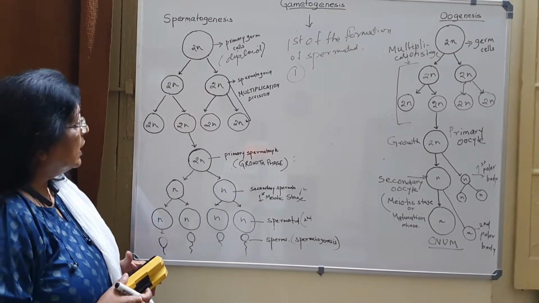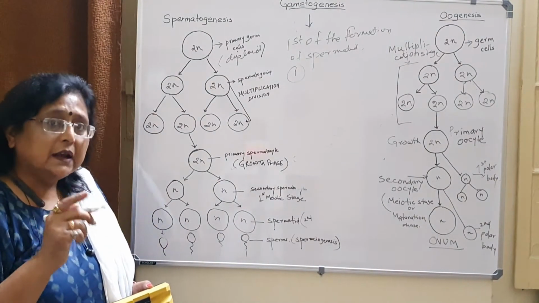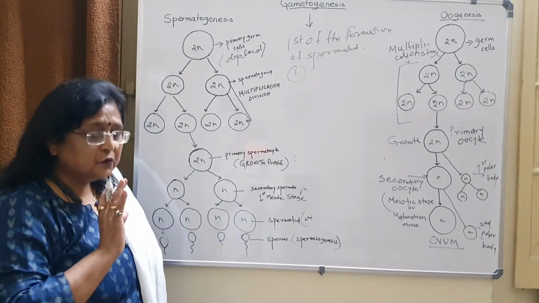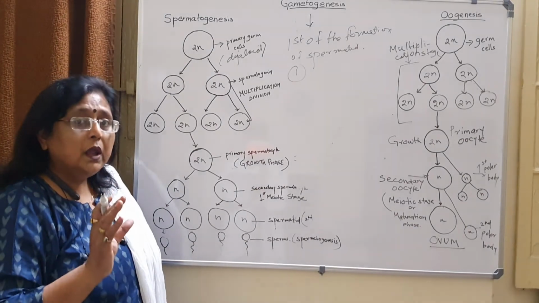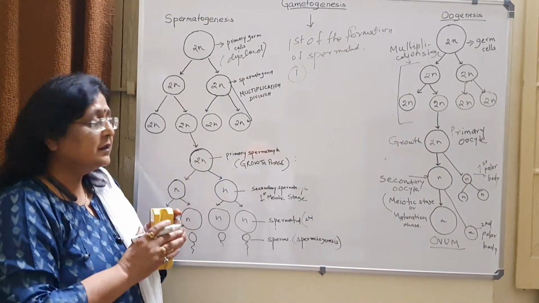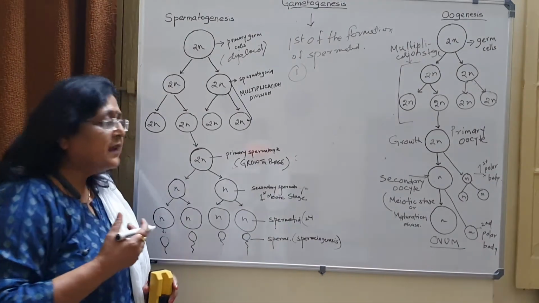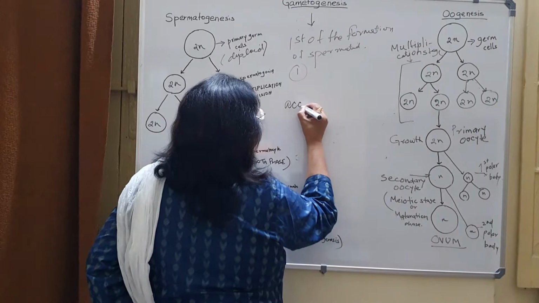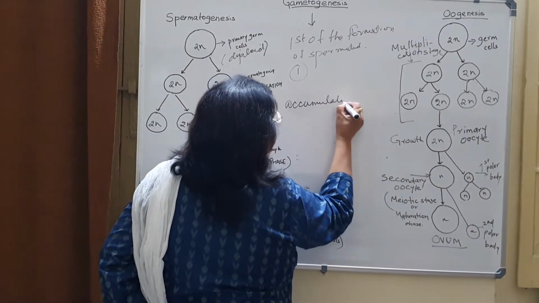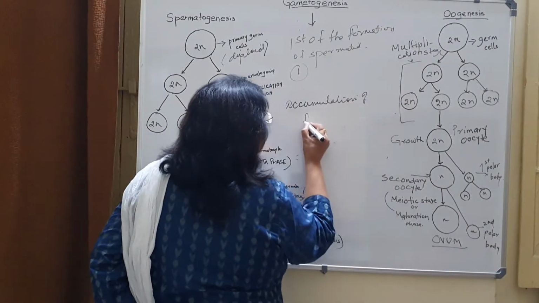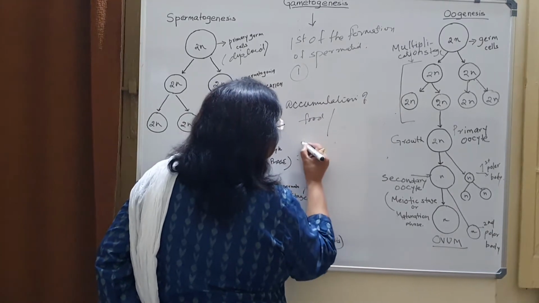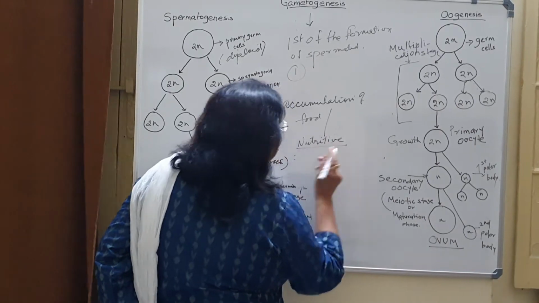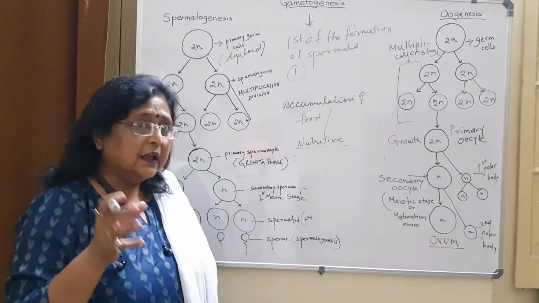Now the spermatogonia enter the second phase, that is the growth phase. In the growth phase, no division occurs. There is no division of any type of cell, only the cell increases in size. Now how does the cell increase in size? The size of the cell increases due to the accumulation of food, or nutritive substances secreted by the nutritive cells.